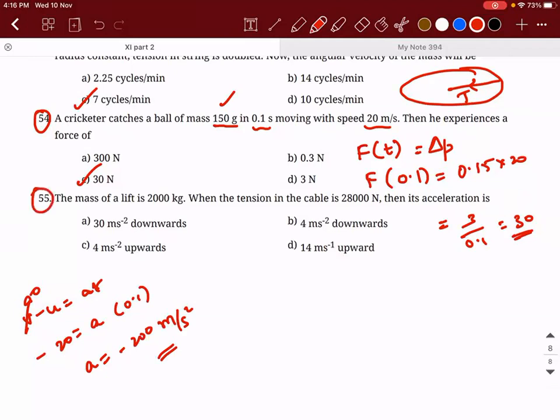55. The mass of a lift is 2000 kilogram. The tension in the cable is 28,000 Newton. Then its acceleration is.